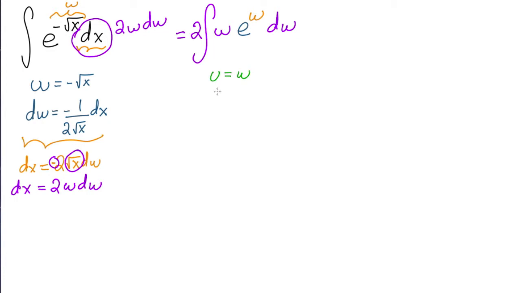I'm going to let dv equal e to the w dw. So then I'm going to get du equal to dw, and then v is going to equal e to the w.